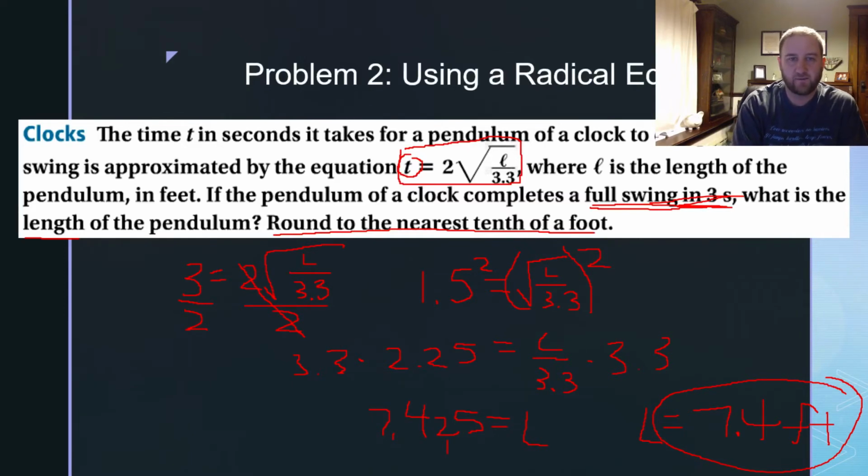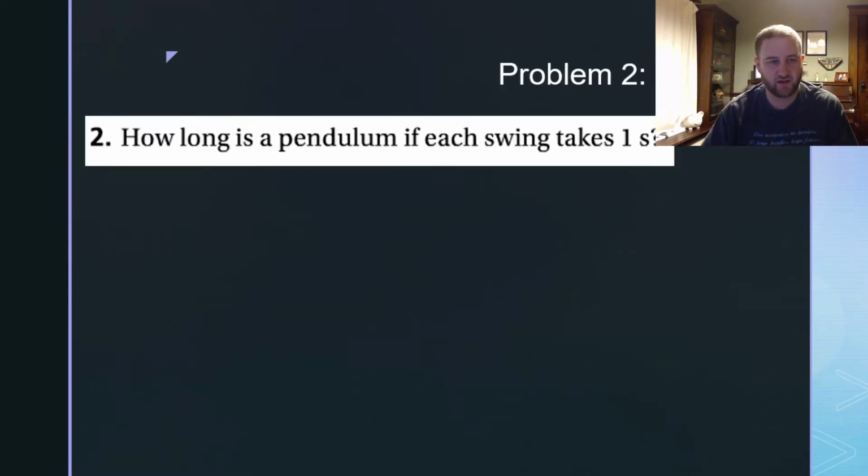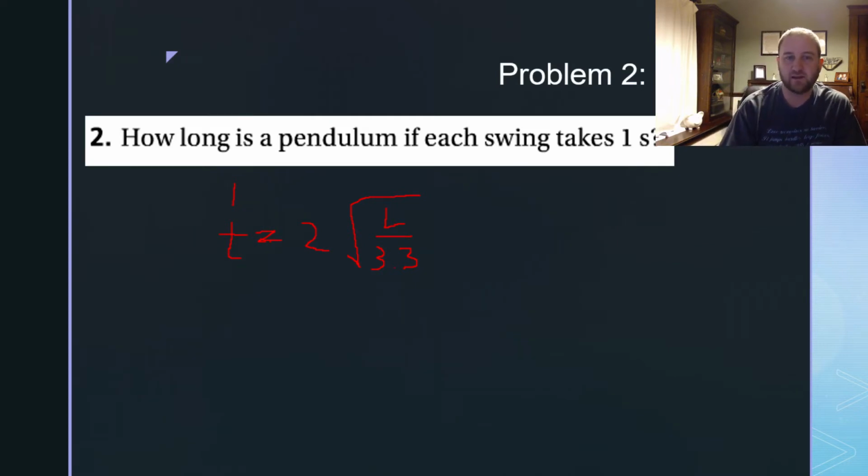T equals 2 radical L over 3.3. So go ahead and see if you can solve this on your own, and then pause it, and then we'll solve it here in a second.